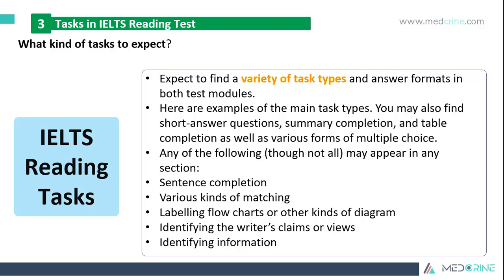You will also find sentence completion, various kinds of matching for headers, labeling of flowcharts and other kinds of diagrams, identifying the writer's claims or views, and identifying information. So in this tutorial we shall look at all the 11 types of questions you expect to find in a reading test.